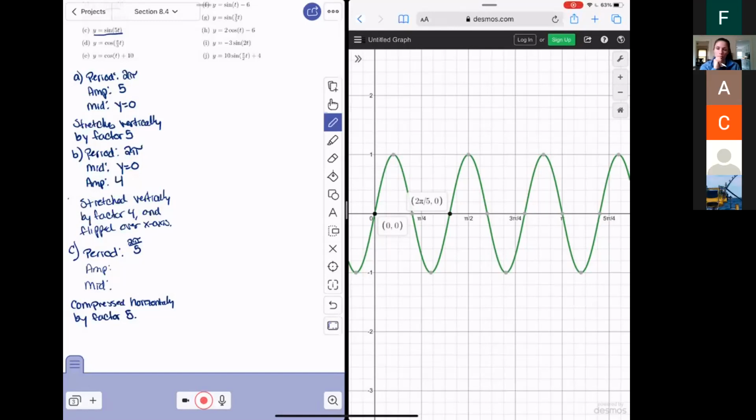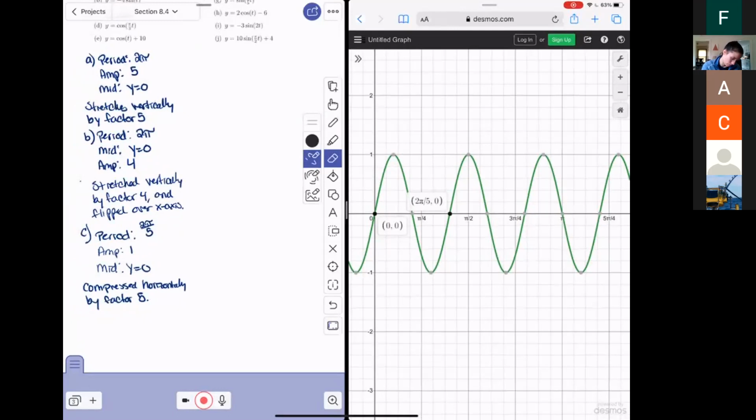Y equals 0. Good, y equals 0. And what's our amplitude? 1. 1, good. All right, any questions there? Okay.